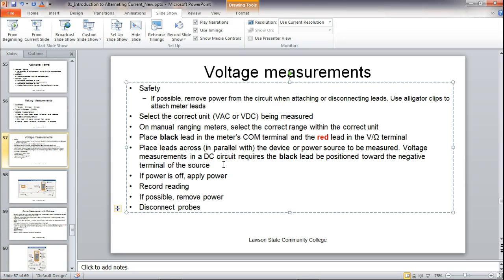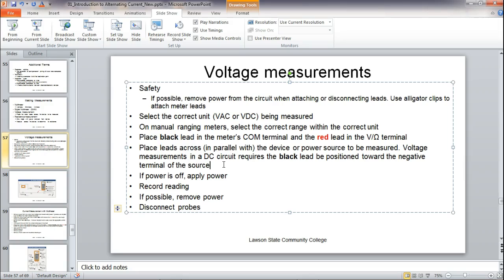Now, when we say requires, this is kind of misleading. It doesn't require it. In the old analog meters, which only deflected in one direction, if you got your black lead and red lead messed up, then the meter would deflect backwards and hit what we call an end stop, and it could bend your pointer. Digital meters don't care.